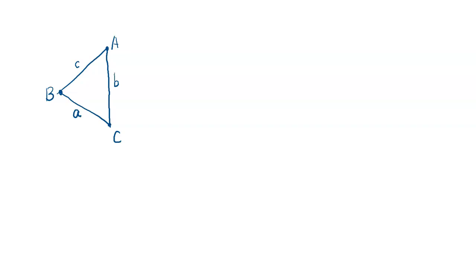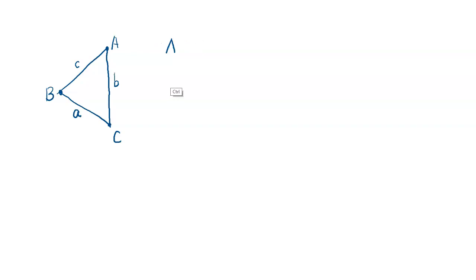Now, with this naming convention, there are actually 3 formulas that you have to know. The first is something that you learn, which is very trivial, right? The 3 angles, A plus B plus C. Another convention is that instead of saying angle A, we're just going to say A, okay?